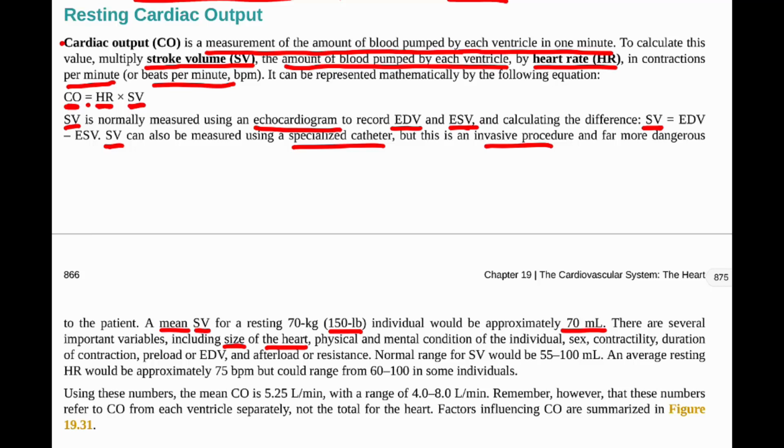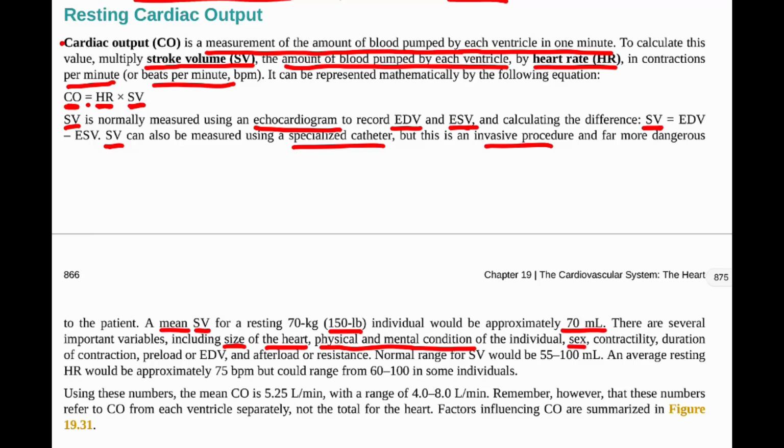Another is the physical and mental condition of the individual. If the person is incredibly overweight and has some other health issues, then there may be some plaque buildup, things like that, that would make a difference in the amount of blood that can get out.